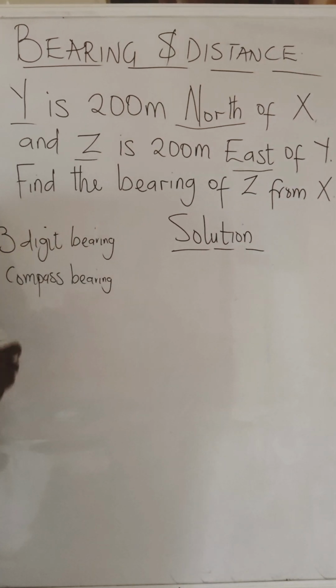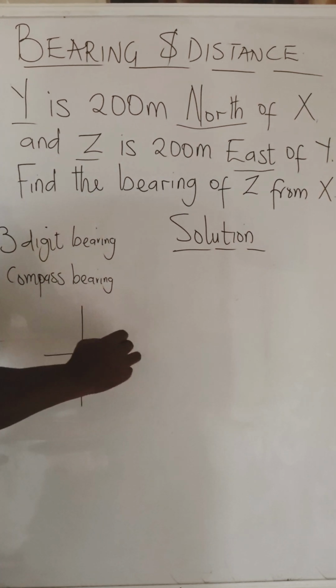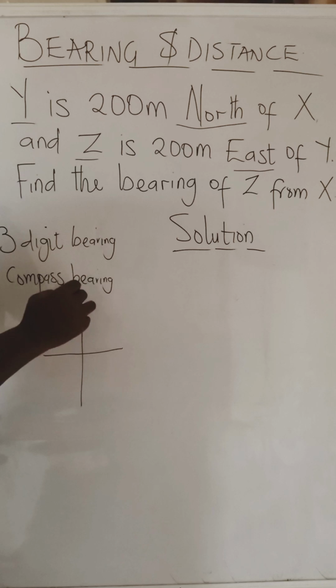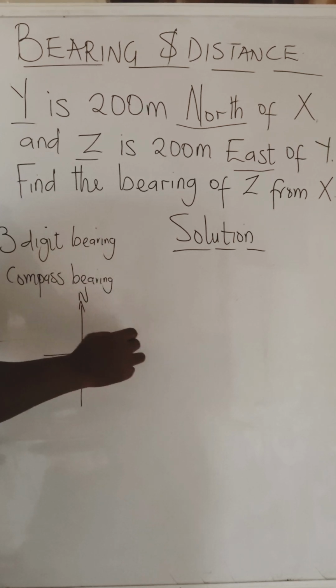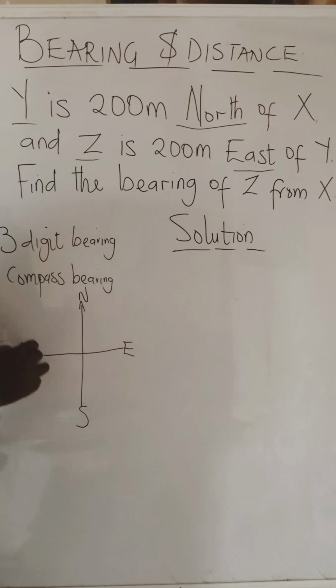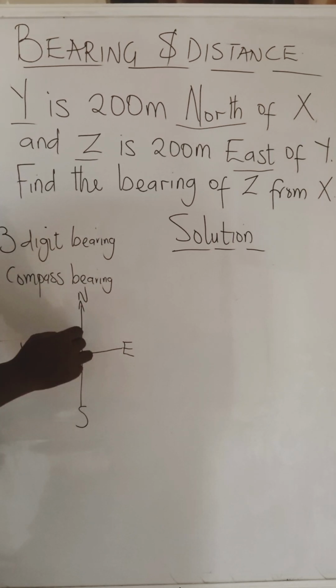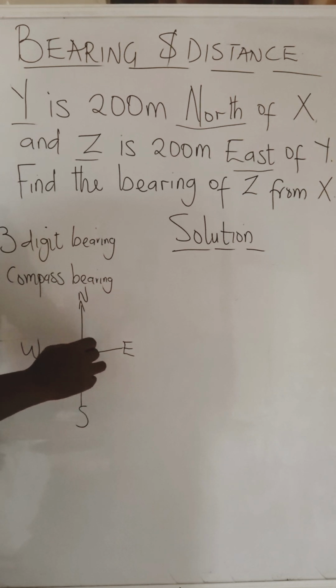In the compass bearing, let's say these are cardinal points. Upward is usually north, this is our east, this is south, and this is west.